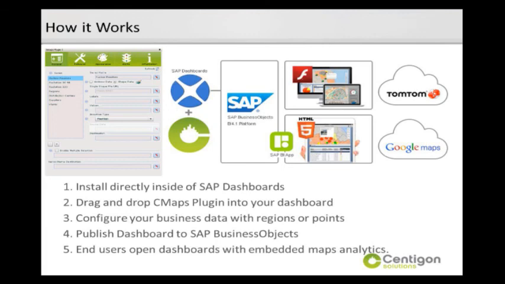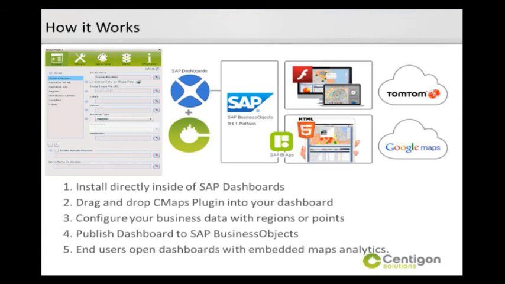We actually have, as I mentioned, two SDKs that we have integrated into one product. We have our CMaps Analytics Flash SDK, which uses TomTom base map layers, and that allows you to publish to your portal or business objects environments, or really any HTML-based environment that you access on the desktop.